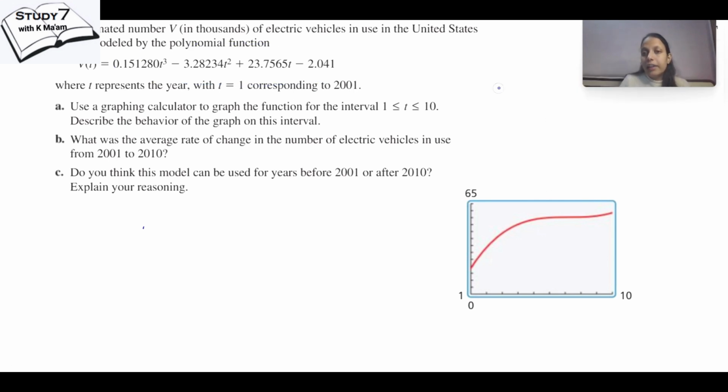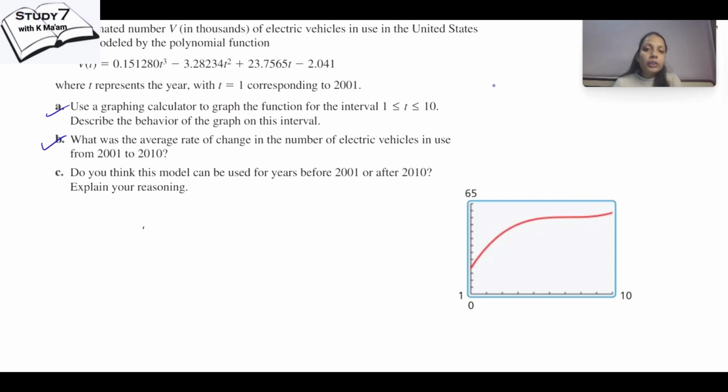Then in the next column you will put the limit of t. They want t only from 1 to 10. So you will get only that specific graph in that interval. This was A. B part asks: what is the average rate of change in the number of vehicles used from 2001 to 2010?